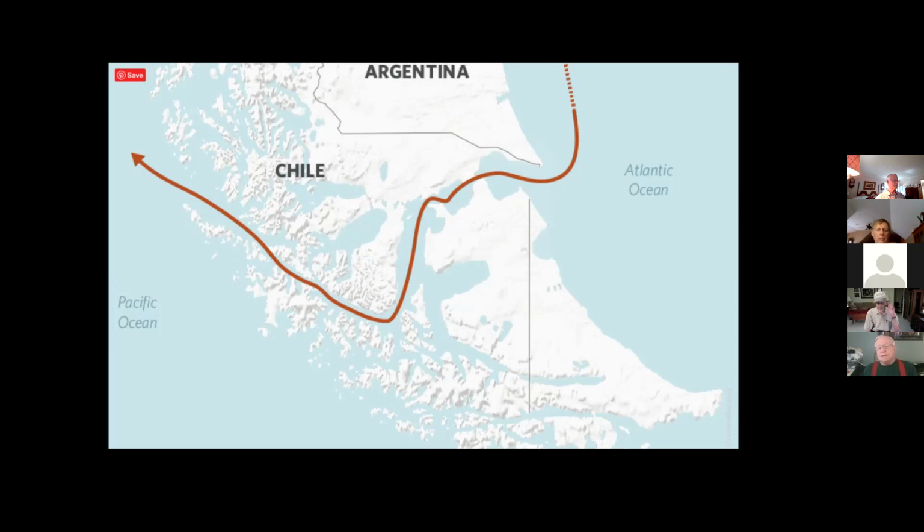It's winter, as I said. The weather is extremely bad. The weather is never good in the Straits of Magellan, but here they have snow, hurricane force winds, thunderstorms, rain, ice storms, fog, high seas, strong currents, and so on.